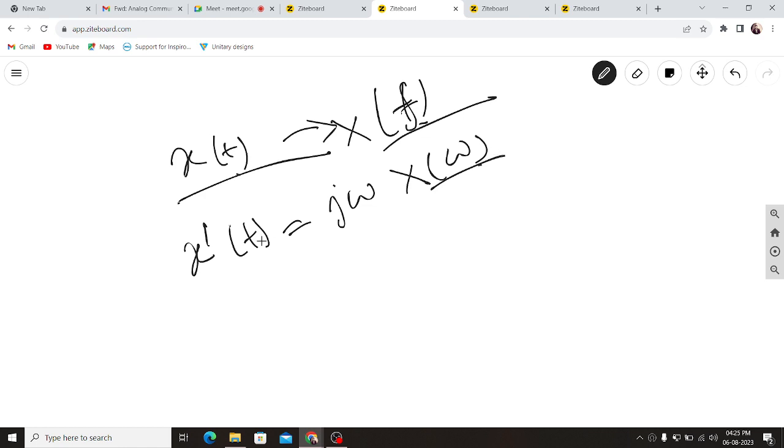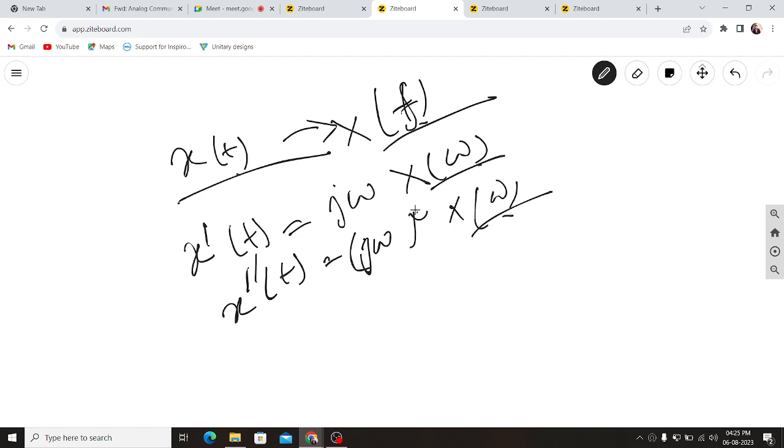Yes, sir. Similarly, for the double derivative, it will be (j omega) squared, X of omega. Omega you can replace by 2 pi f, where f is the frequency in hertz and omega is angular frequency, right?